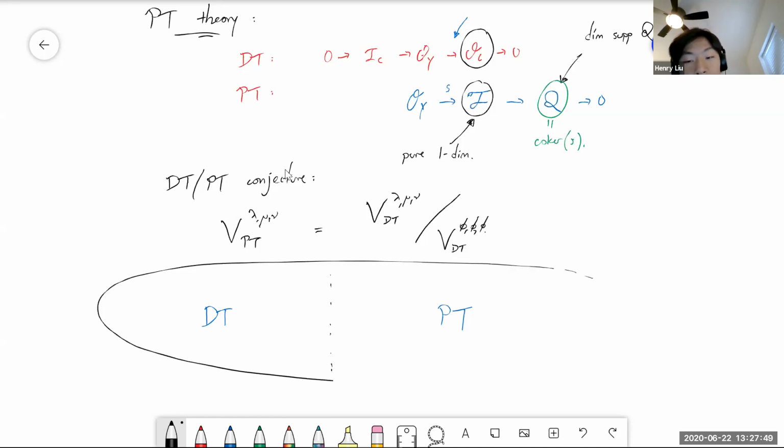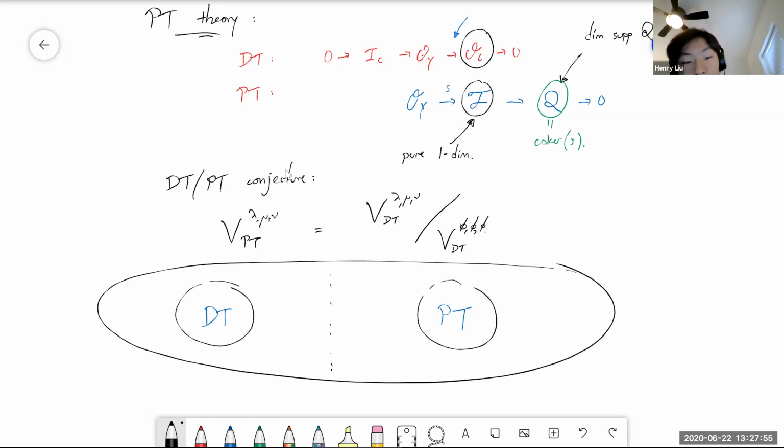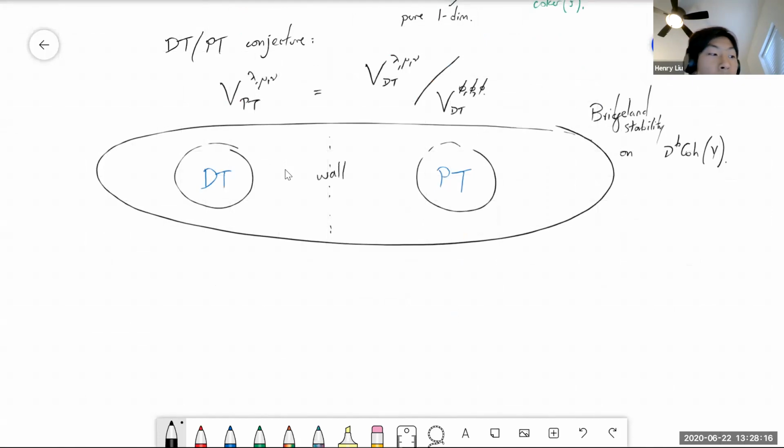Inside this huge space, there's some chamber called DT and some chamber called PT, and there's a wall. And the space is, in some sense, morally speaking, Bridgeland stability conditions on the derived category of your threefold.